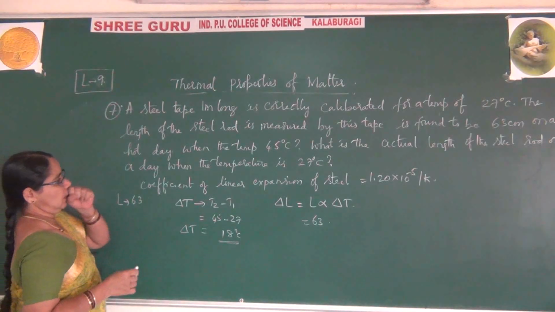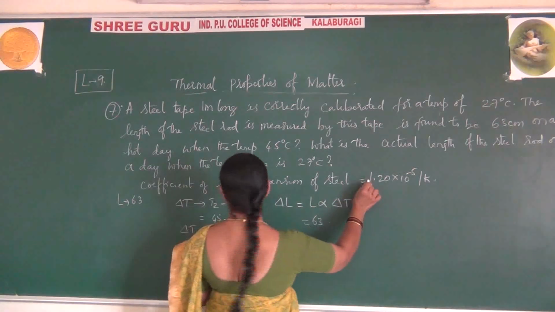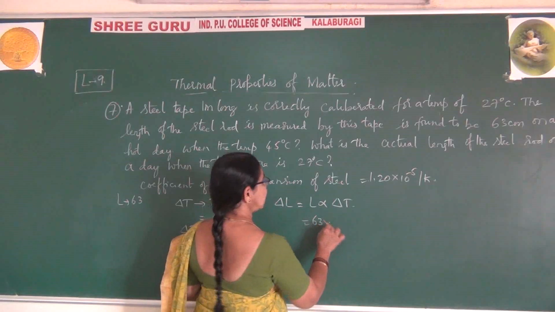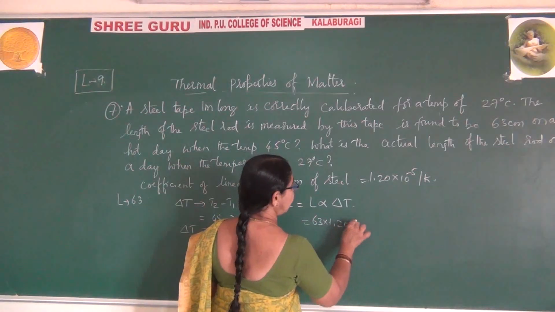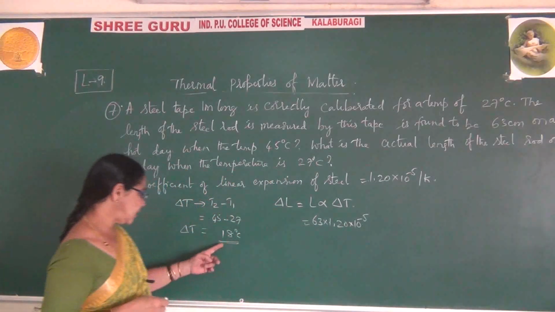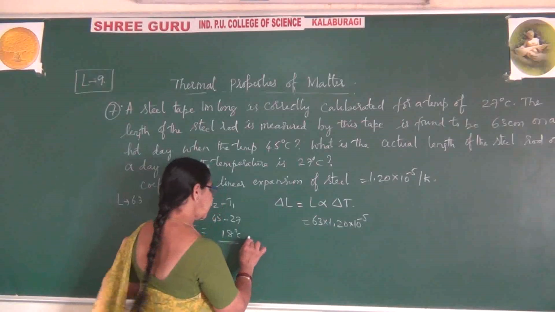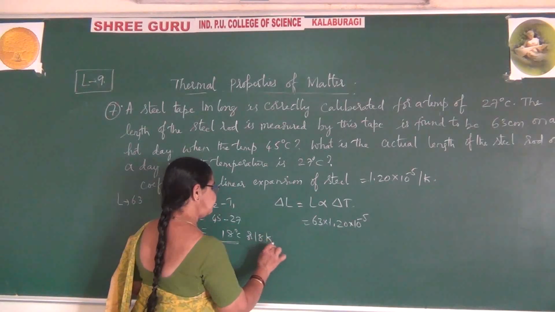Now into alpha. Alpha is the coefficient of linear expansion, 1.20 into 10 raised to minus 5. The change in temperature is 18 degree centigrade, or you can also write 18 Kelvin.